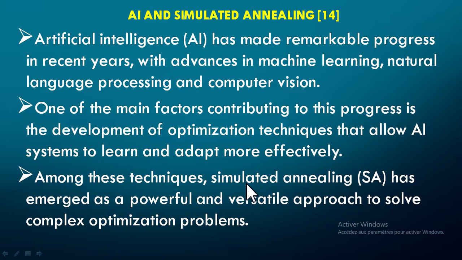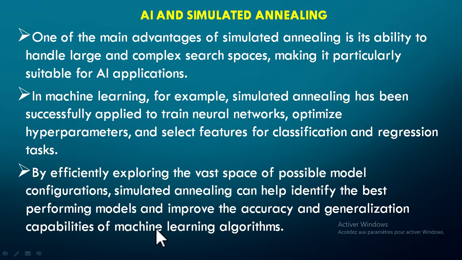Among these techniques, simulated annealing has emerged as a powerful and versatile approach to solve complex optimization problems. One of its main advantages is its ability to handle large and complex search spaces, making it particularly suitable for artificial intelligence applications.